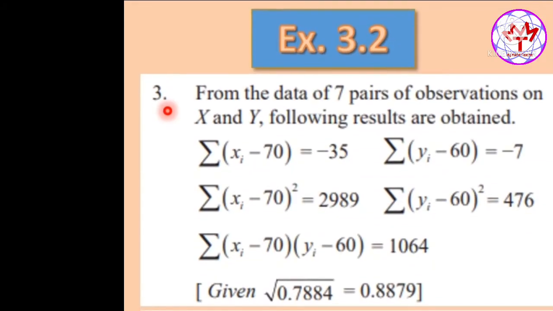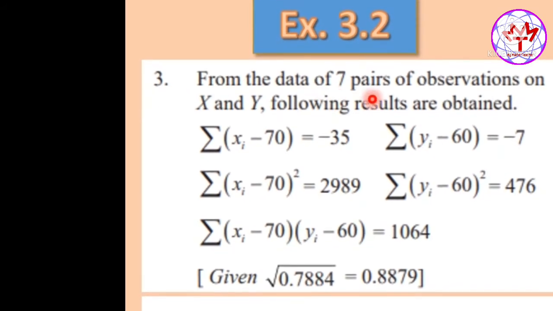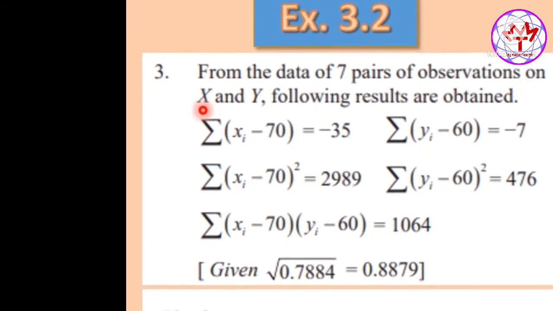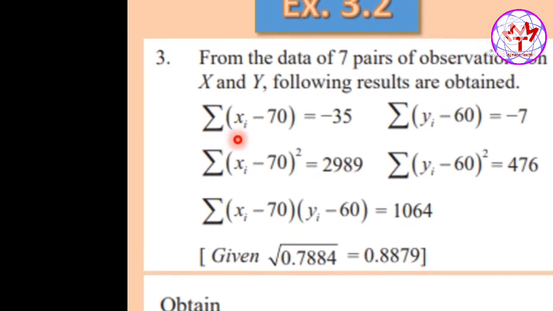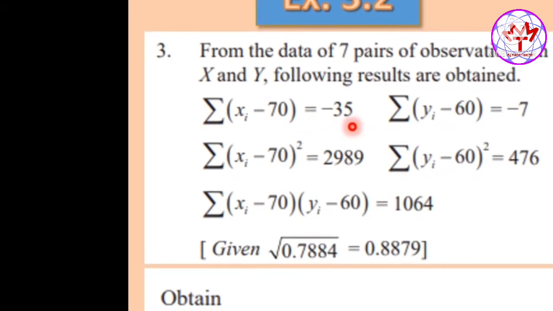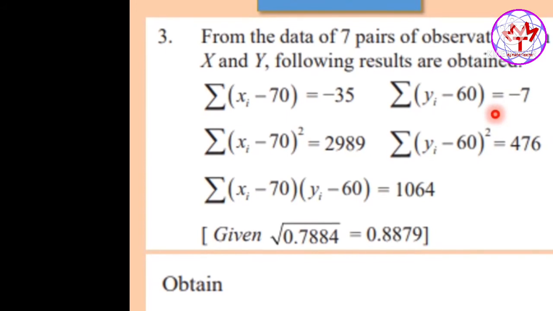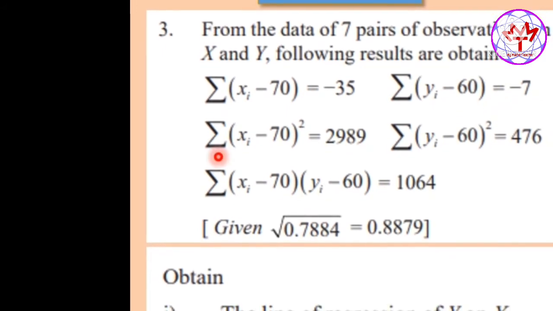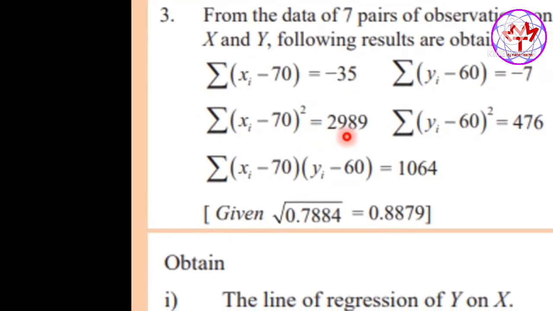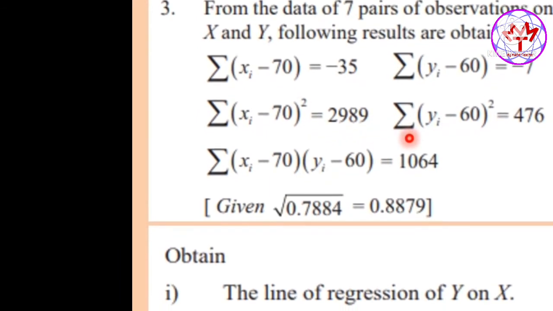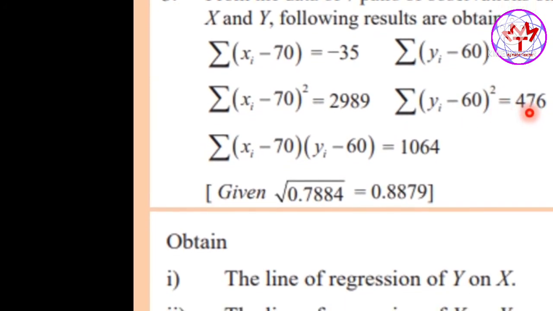See, question number 3 of exercise 3.2 is: from the data of 7 pairs of observations on x and y, the following results are obtained. Summation xi minus 70 is equal to minus 35. Then summation yi minus 60 is equal to minus 7. Then summation xi minus 70 the whole square is equal to 2989. Summation yi minus 60 the whole square is equal to 476.